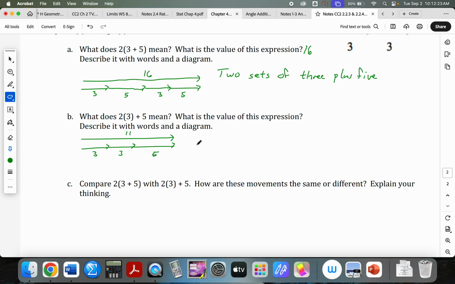So in words, this is two sets of 3 and then plus 5.